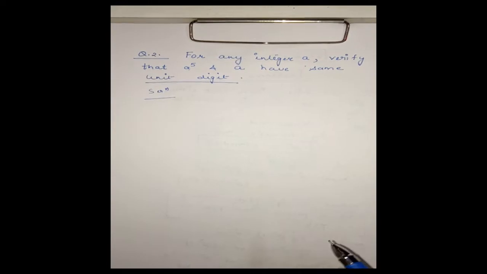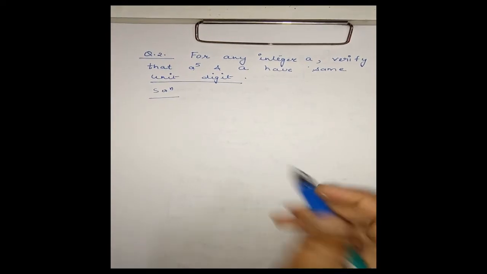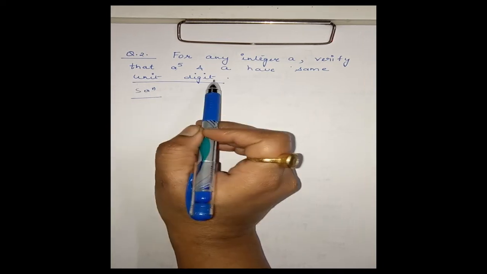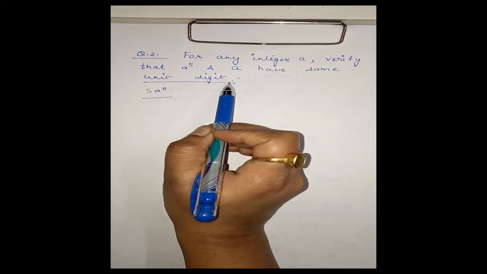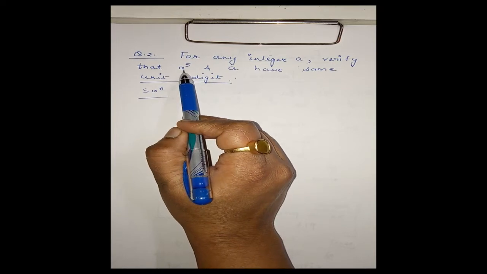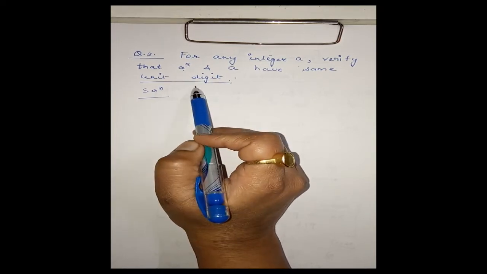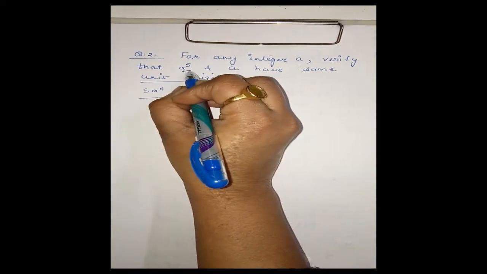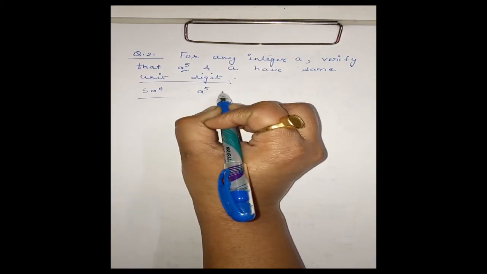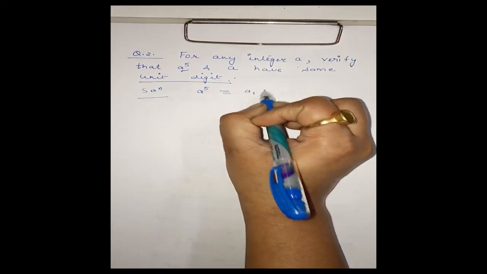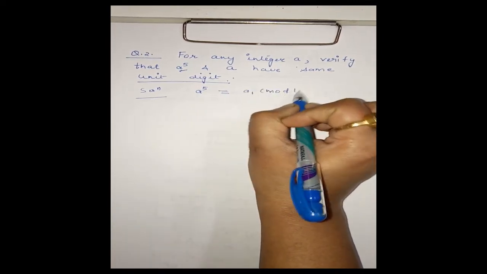Clear? Now, we have to find the unit digit. We know the process of finding the unit digit is we divide the number by 10 and the remainder will be the unit digit. Means the unit digit of a^5 will be given by a^5 congruent to a1 modulo 10.